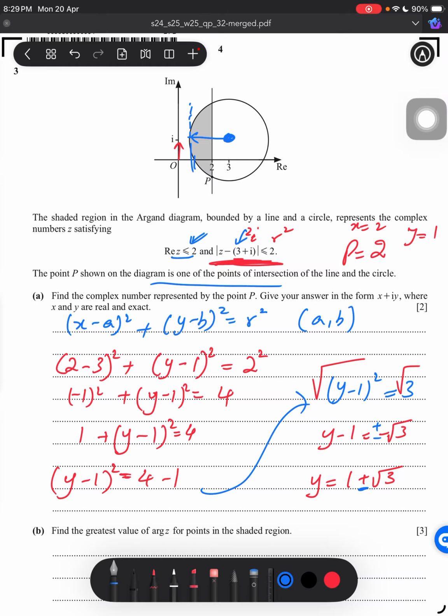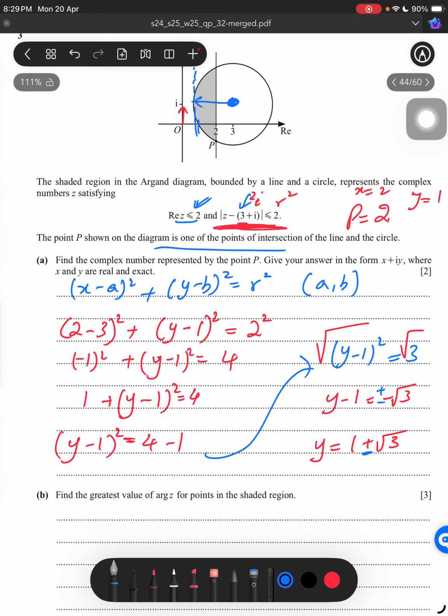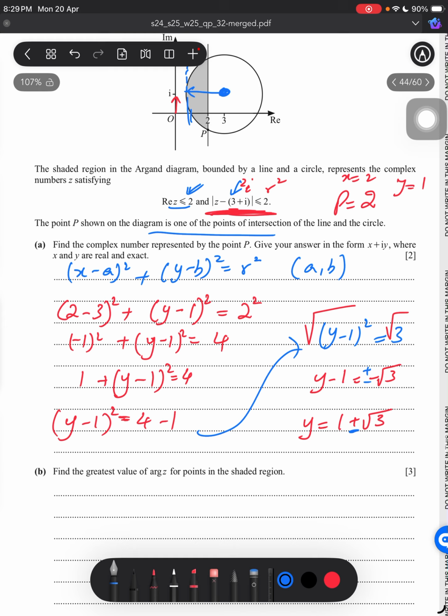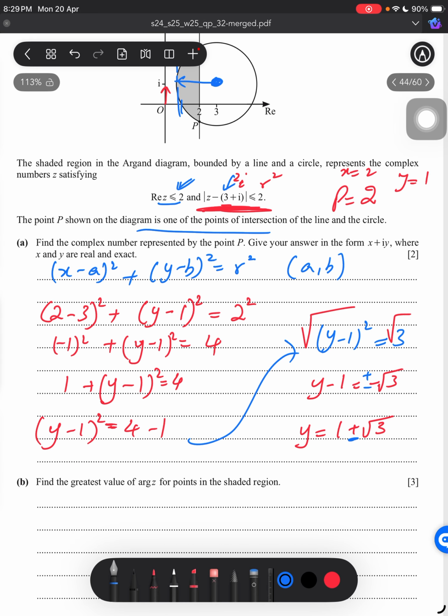Now moving on to part B. In this we need to get a shaded region: find the greatest argument of z for the points of the shaded region.